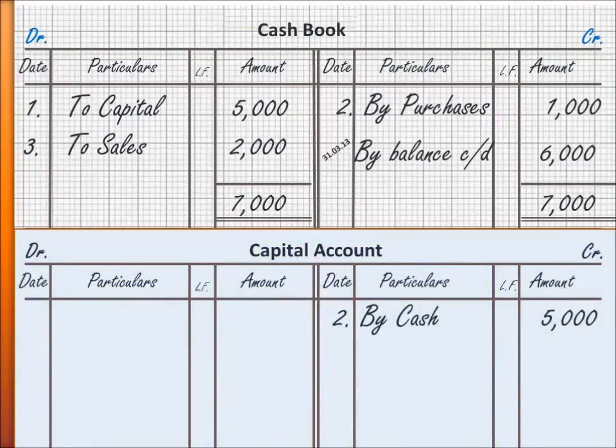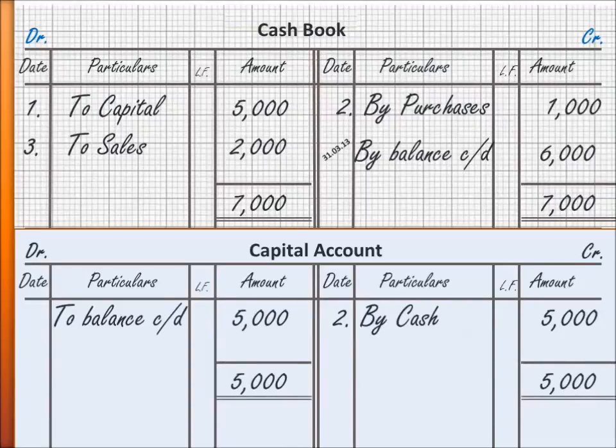So let us find out the balancing figure of each and every account. Capital account, on the debit side, to balance c/d rupees 5,000 so that the totals on both sides can be made equal at rupees 5,000. This is the balancing figure on the debit side. You know the meaning of balancing figure and balance c/d.